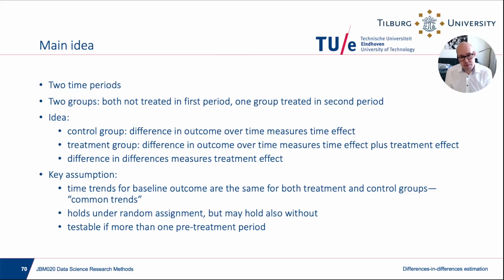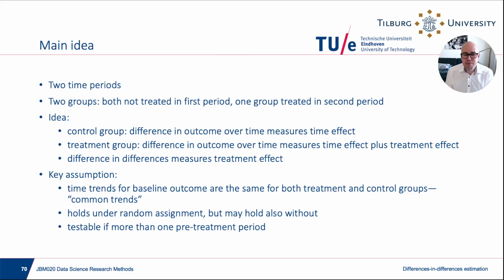So we have the treatment group where we have a change over time that is the time effect plus the treatment effect, and we have a control group where the change over time is the time effect. If we take the difference between these two changes over time, so the difference between these two differences, then we will measure the treatment effect.